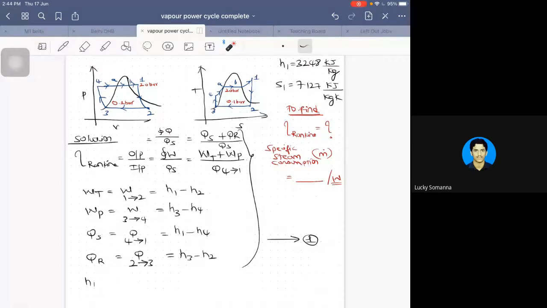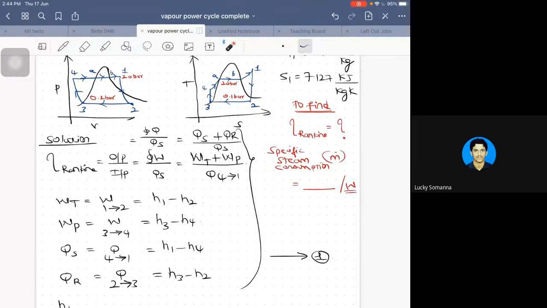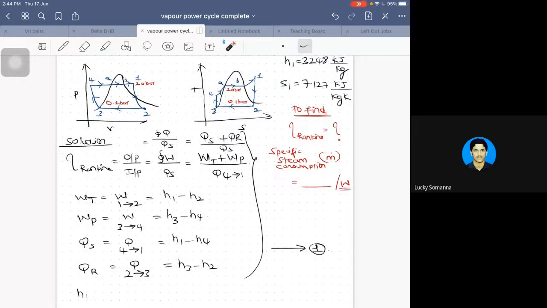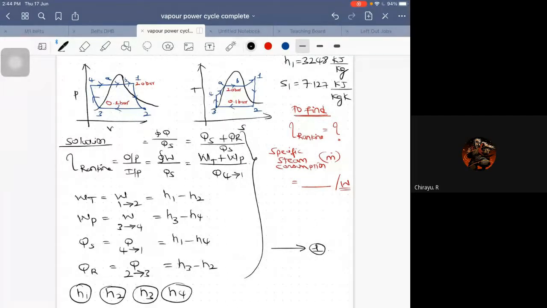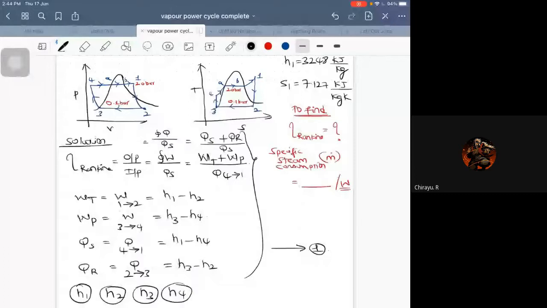When I observe all this analysis, I come to the conclusion that for any Rankine process, if I am in a position to calculate the values of H1, H2, H3 and H4, I will be in a position to calculate whatever is asked, whether it is work ratio, specific fuel consumption, turbine work output, or heat rejection. Do you agree with me? Yes or no?